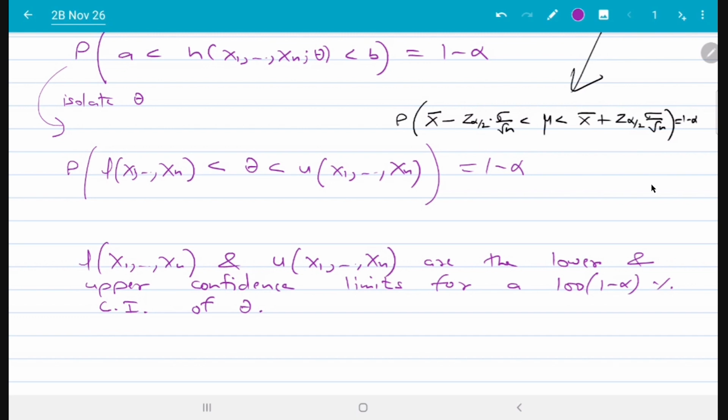Okay, that is a general recipe. In the normal case, this was the lower confidence limit, this was the upper confidence limit.